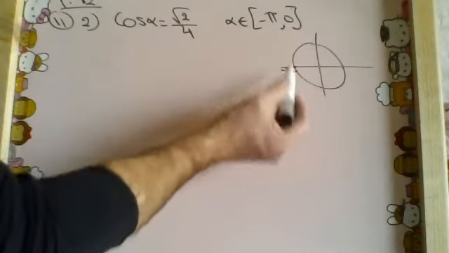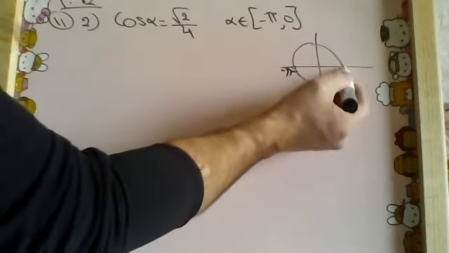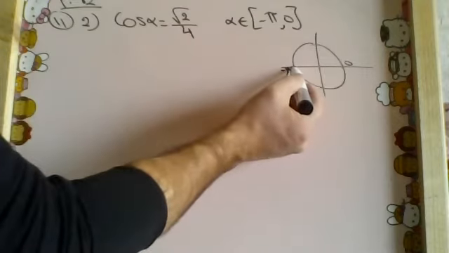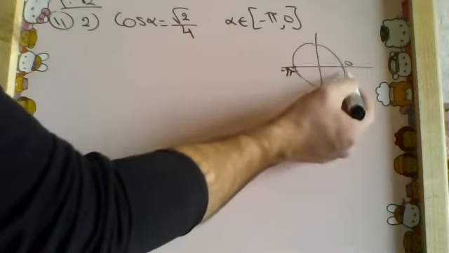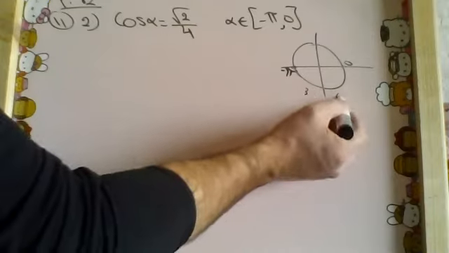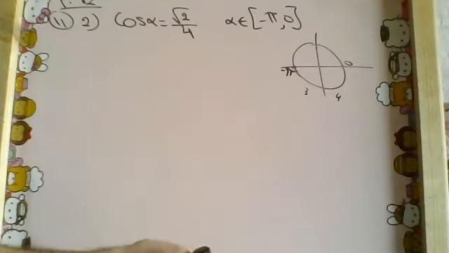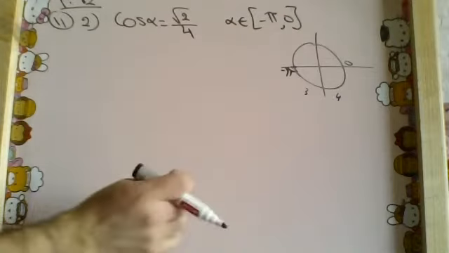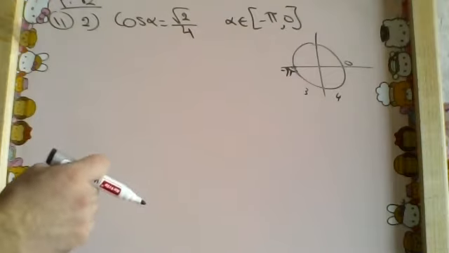Right. So between negative pi and 0, in quadrants 3, 4. Continue. Given that cosine alpha equals radical 2 over 4, and radical 2 over 4 is bigger than 0, this implies alpha belongs to quadrant 4.